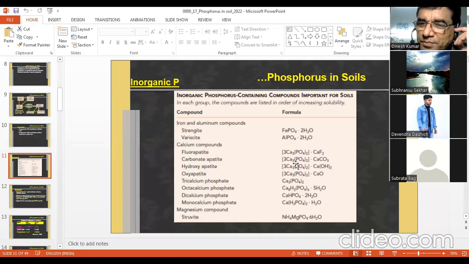Here you need some form of energy or chemicals, because all phosphatic fertilizers are manufactured from these apatites. Is it clear, or do you have any doubt? These inorganic phosphorus-containing compounds are in soil also, but they are mostly in the mines, in the form of phosphate rock.